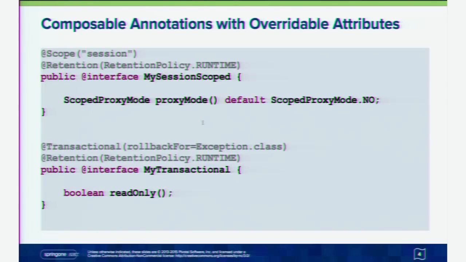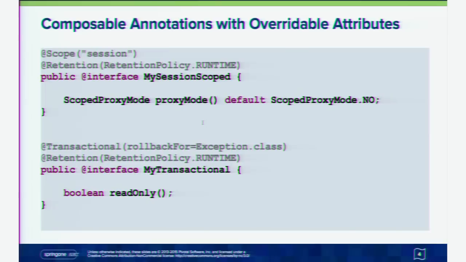It goes even further. It actually declares an attribute. And this attribute is meant to override the same-named attribute in the standard scope annotation. So proxyMode has the same name and type as the equivalent attribute in Spring's standard @Scope, and semantically overrides it. So it's a convention-based overriding model at this point, which is actually a pretty sweet spot then.